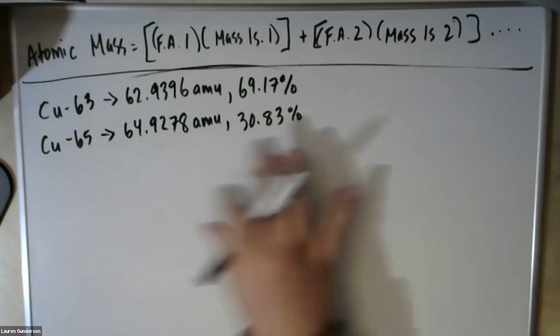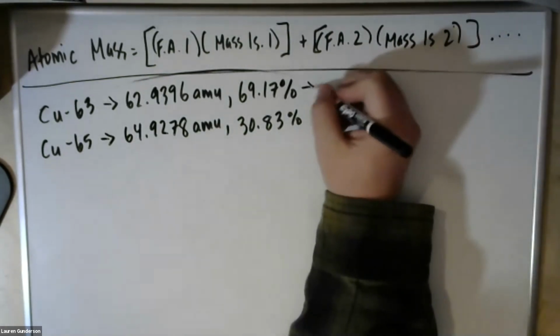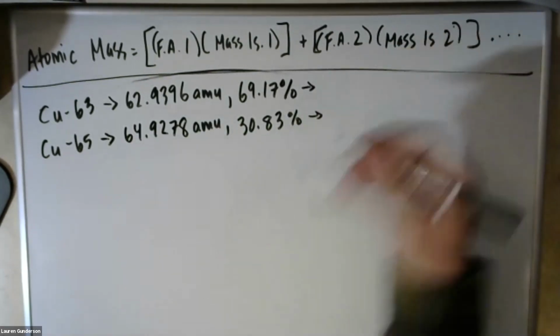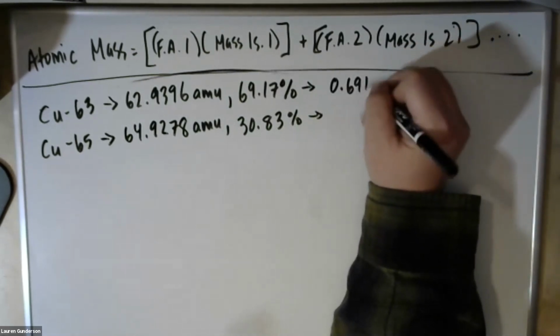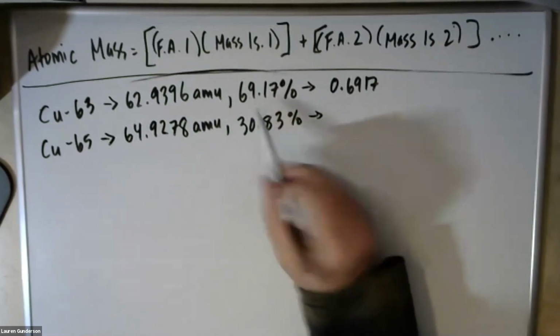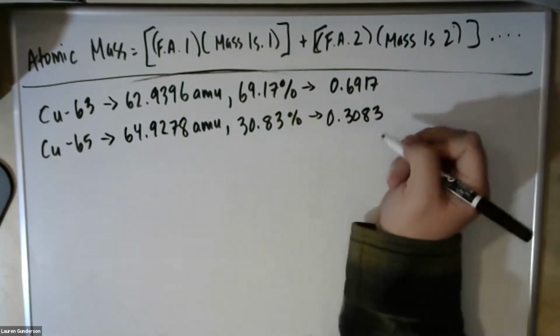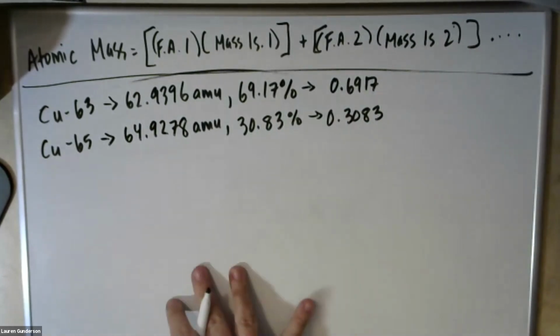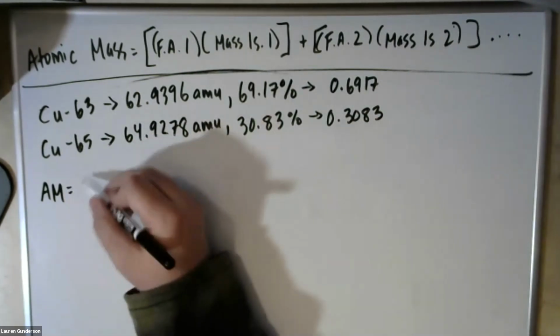After we get our information written down, the first thing that we want to do again is to take these percentage values and right away convert them into fractional abundances. So this will be 0.6917, because I'm dividing that by 100. And this will be 0.3083. Now that I have my fractional abundance values, I can calculate my atomic mass.